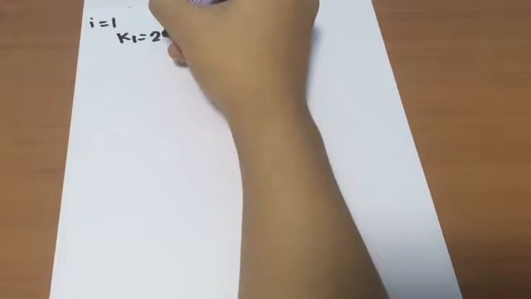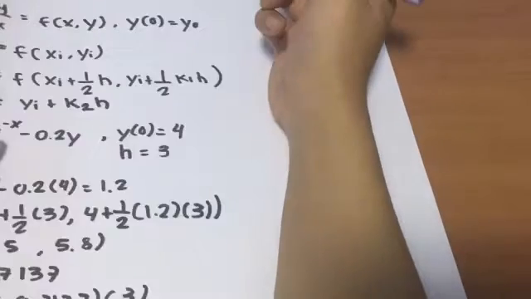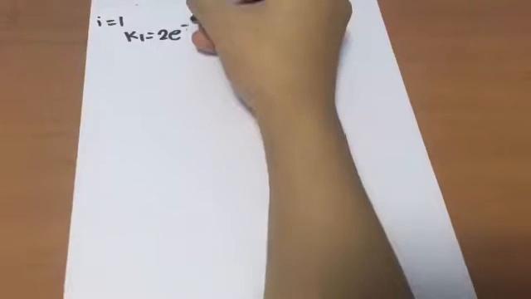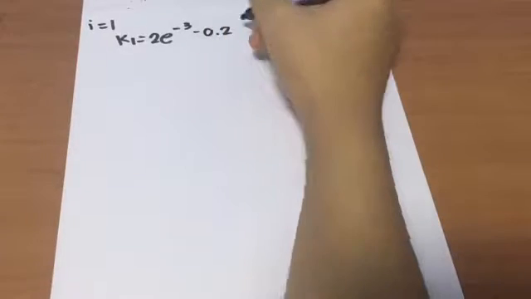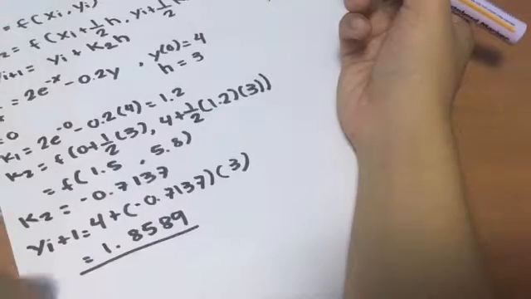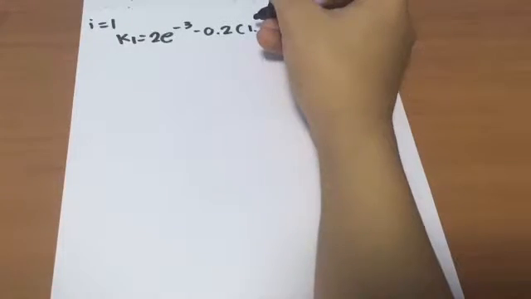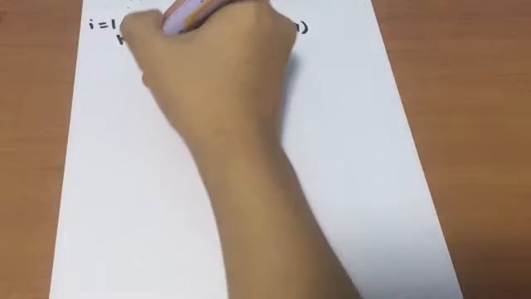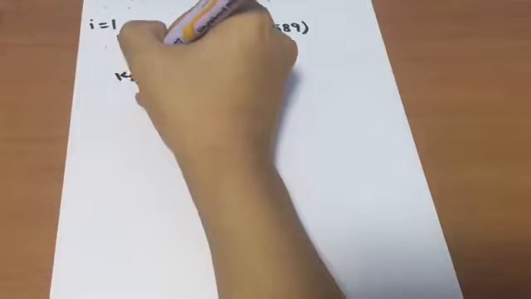So we go directly to our iteration number 1. So we solve for our k1, given the new x and the new y. So since our step size is 3, that will be 3 for our x, and the y would be the new y, 1.8589. Okay, so we will have the value of negative 0.2722.